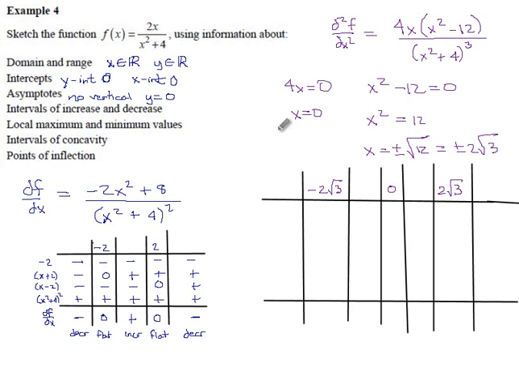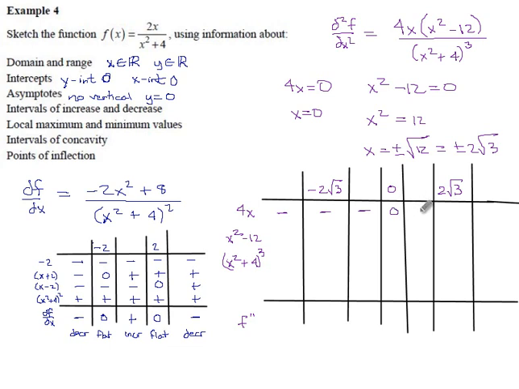Okay, so the pieces of our second derivative are 4x and x squared minus 12 and x squared plus 4 all cubed. And all those things together make, I'm just going to write f double prime to save a second. So if x is lower than minus 2 root 3, that means it's a negative number, and 4x is negative. Negative again, negative again.